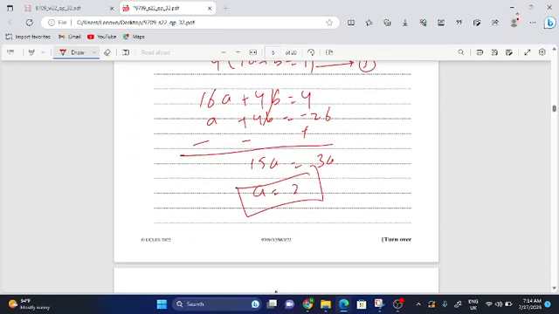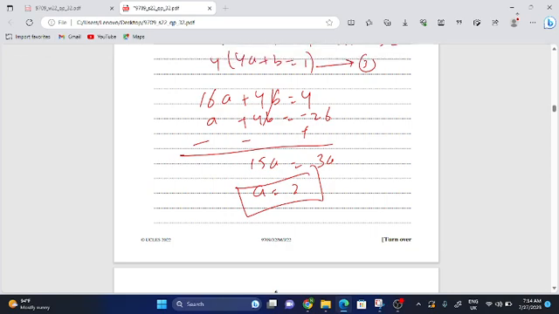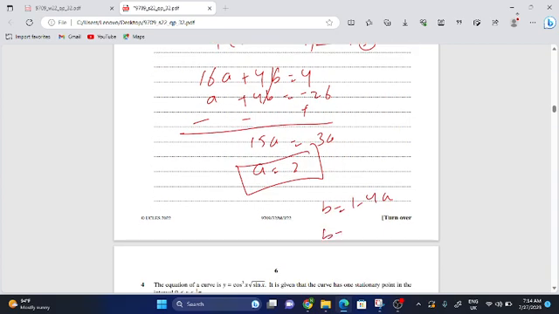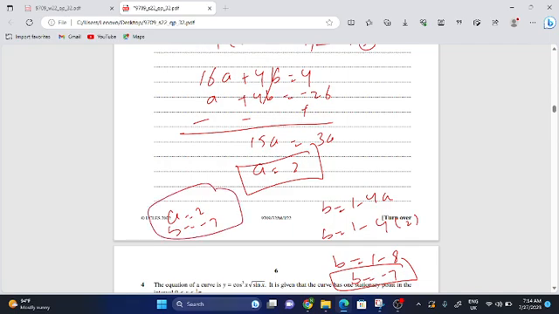When you plug a equals 2 into equation number 3, that gives you b is equal to 1 minus 4a. So b is equal to 1 minus 4 times 2, which is 1 minus 8, equal to minus 7. So a is 2 and b is equal to minus 7. This is your answer.